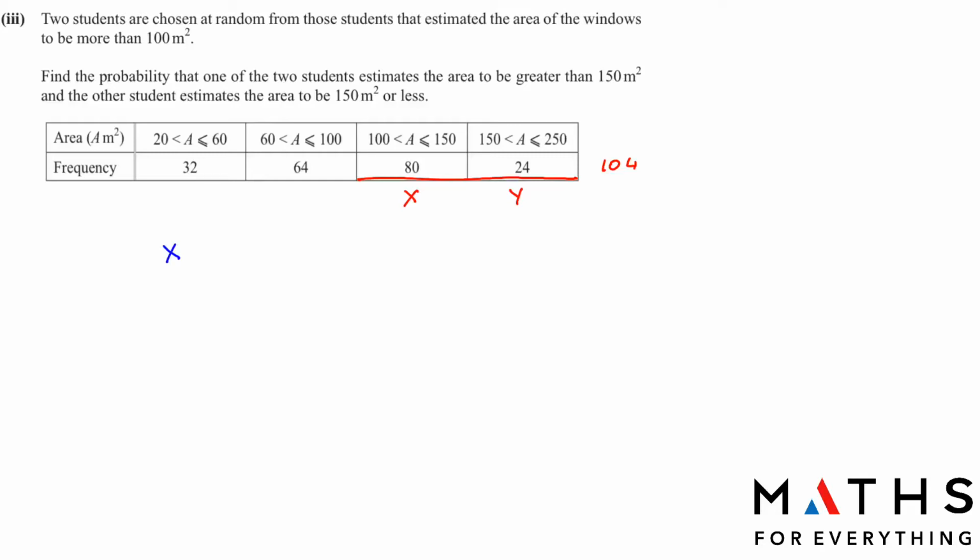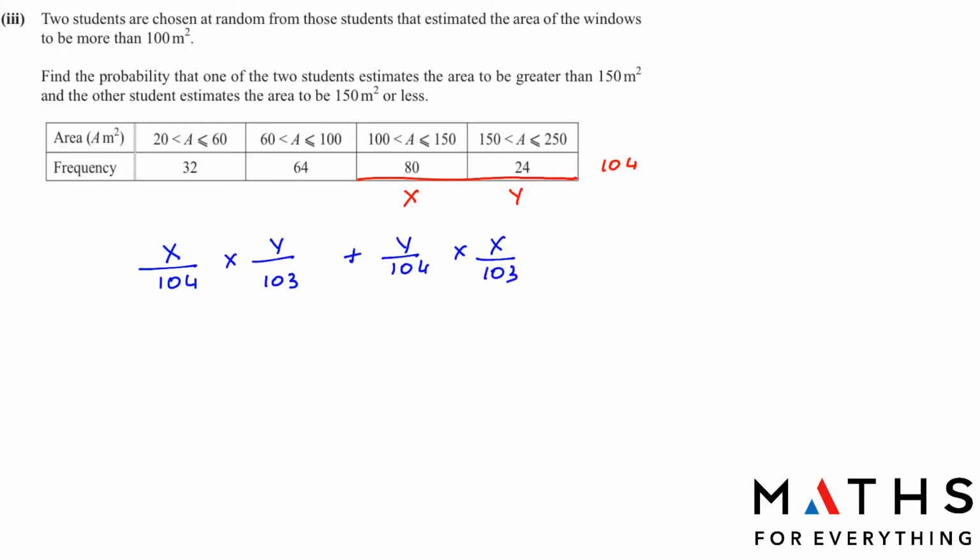So the first student could be X out of the total students, which is 104, or it could be Y out of the total students. We have already picked up one student, so now the total number of students remaining is 103. It could be this, or it could be that the first student is Y and the second student is X.